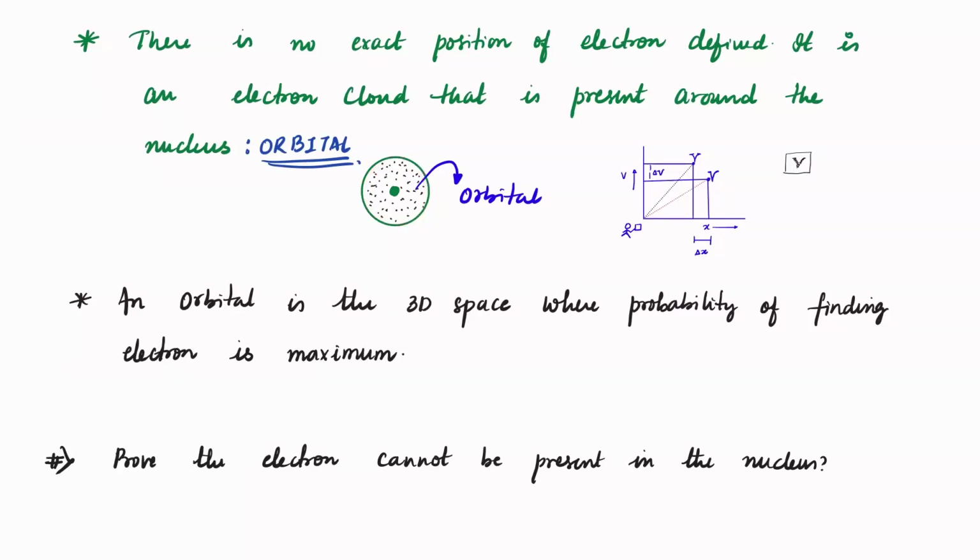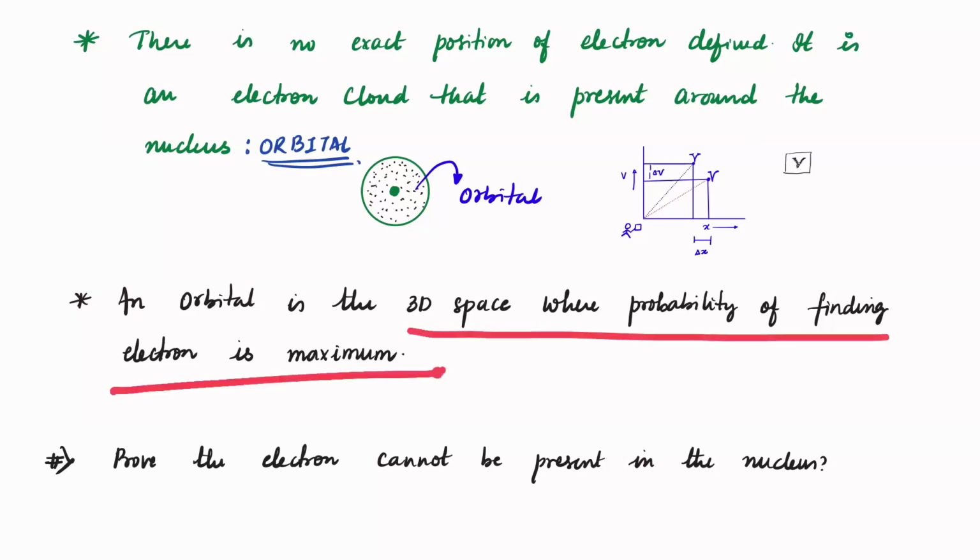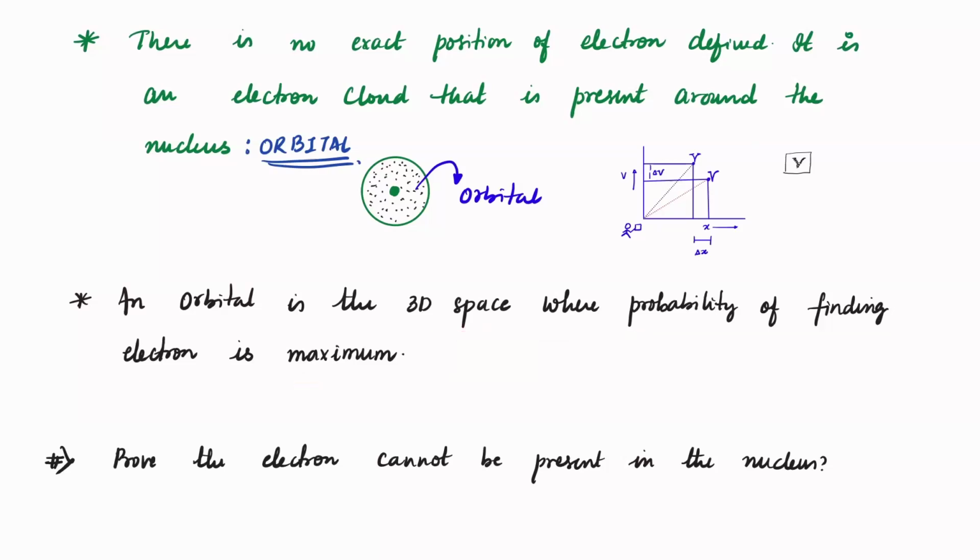But according to Heisenberg's uncertainty principle, instead of assuming that it is present on an orbit, we can say it might be present anywhere in that region. And that region is what he termed as orbital. So in short, an orbital is a 3D space where the probability of finding the electron is maximum. It is not exactly where the electron is present, but the probability of finding it is maximum.